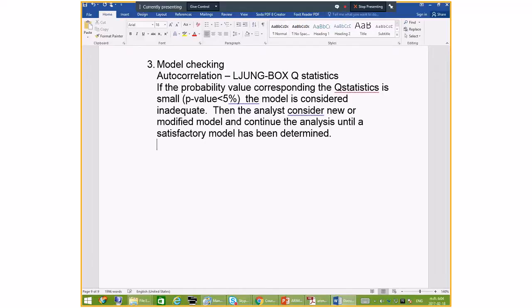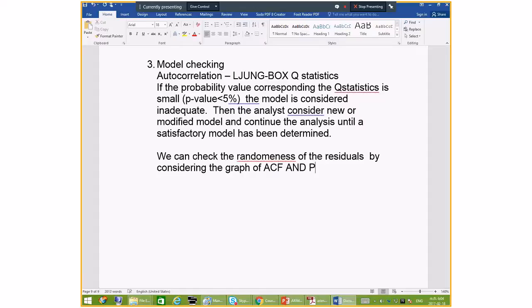Also, we can check the randomness of the residuals by considering the graph of the autocorrelation function and the partial autocorrelation function of the residuals.